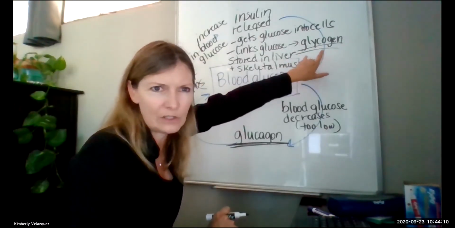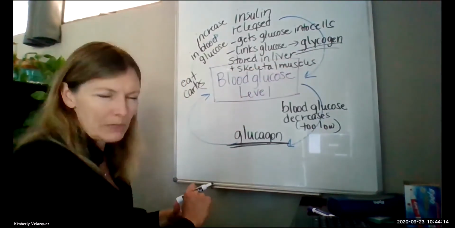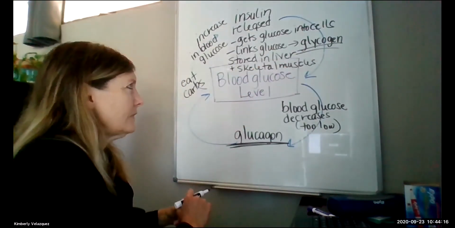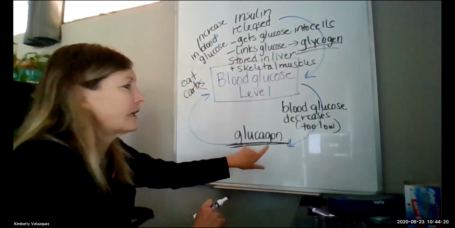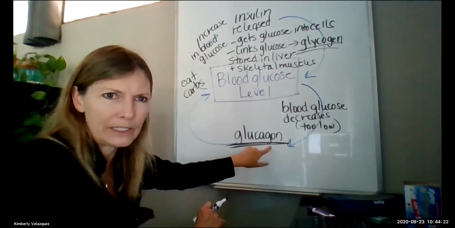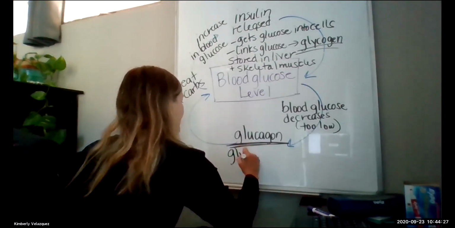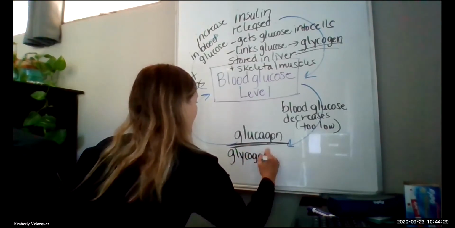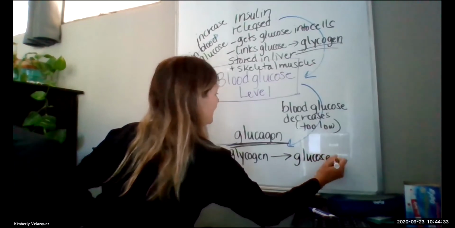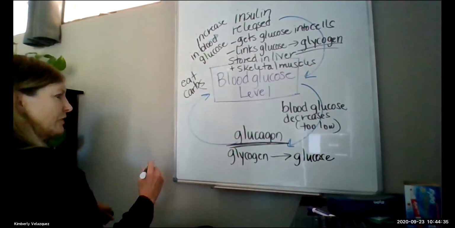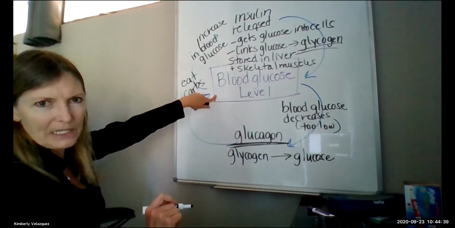It's how we store glucose in our liver and a little bit in our skeletal muscles. It's the storage form of carbs in animals. Glucagon is a hormone released by the pancreas, and it takes that glycogen and breaks it back down into glucose. And now that glucose is released into our bloodstream, and our blood glucose level gets back up to normal.